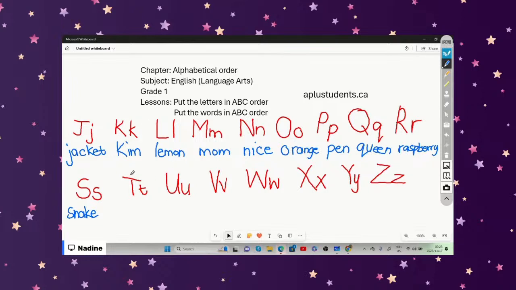Let's just go with tail. We have U for umbrella. V for vase, where we put our beautiful flowers in. Vase.